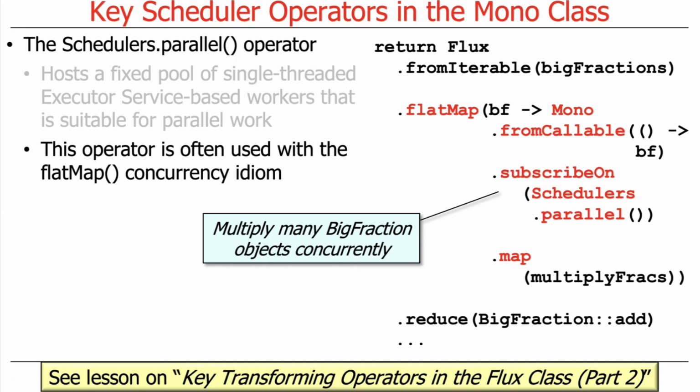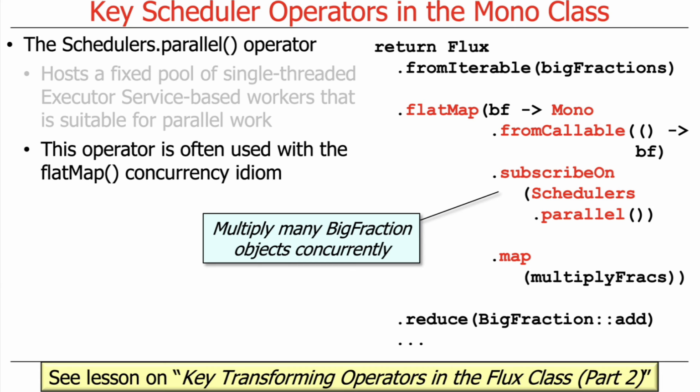So what we're going to do here is say for each of the BigFractions in the Flux stream of BigFractions, we're going to run the code that I show here in red. So we're going to use Mono.fromCallable, which is just going to take that BigFraction and arrange to run it in some thread in the pool of threads that comes from Schedulers.parallel. And then that will be used to multiply that BigFraction by some constant or whatever.